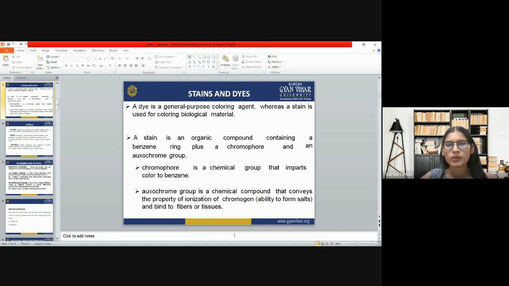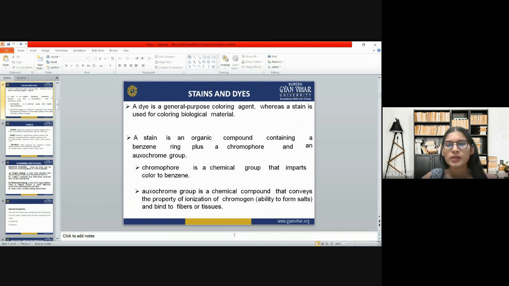A dye is a general purpose coloring agent, whereas a stain is used for coloring biological materials. So, if we want to color any material and know about it, we have to use a coloring agent. Now, a stain is an organic compound containing a benzene ring plus a chromophore and an auxochrome group.